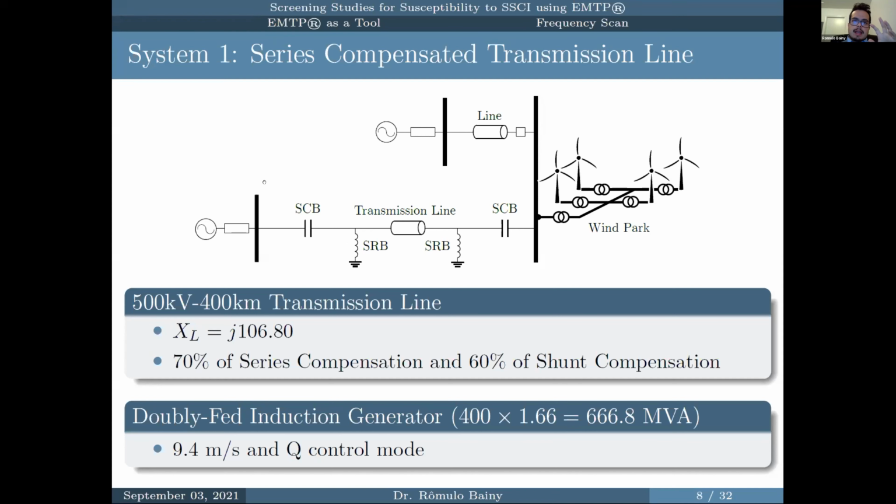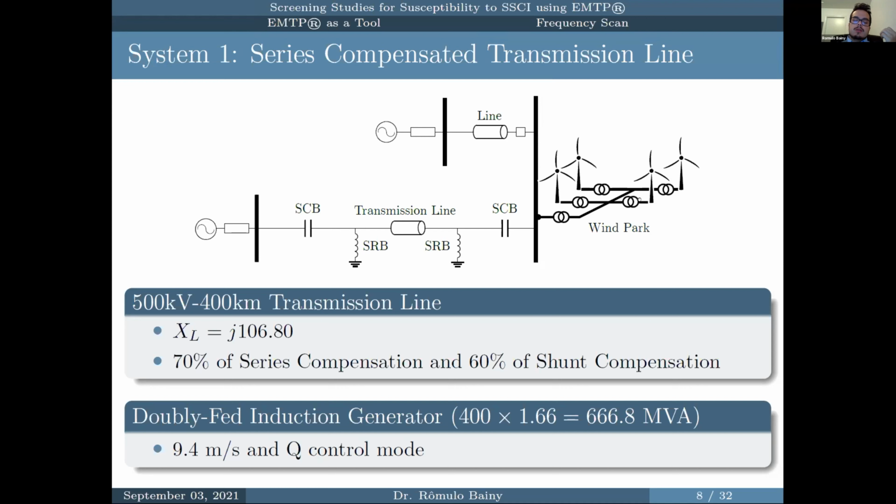This line is from a real system. Here we have the wind park connected to this bus, which also interconnects to this other line, which has no series compensation. Overall, this is a hypothetical system, even though the transmission line is a real model. The whole topology is just hypothetical for our studies.